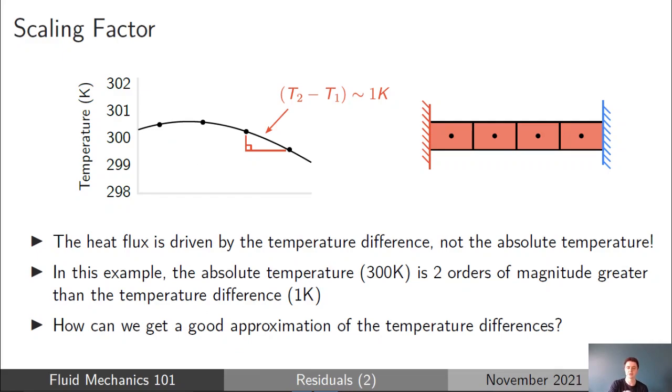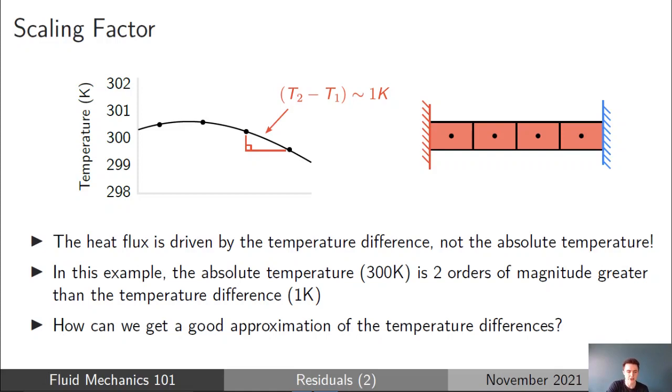I want to give you a simple example which should help explain what we're trying to do. Think again of the temperature variation through this bar, but this time we've got some heat source in the bar, and so the temperature is not linear. In this case, it takes the form of a quadratic.